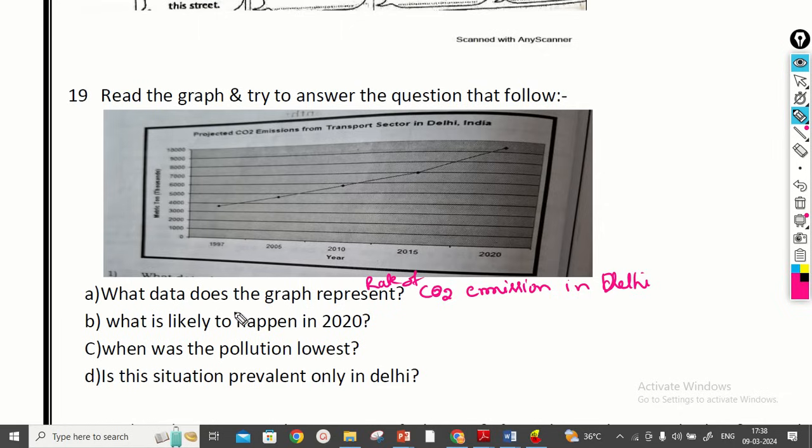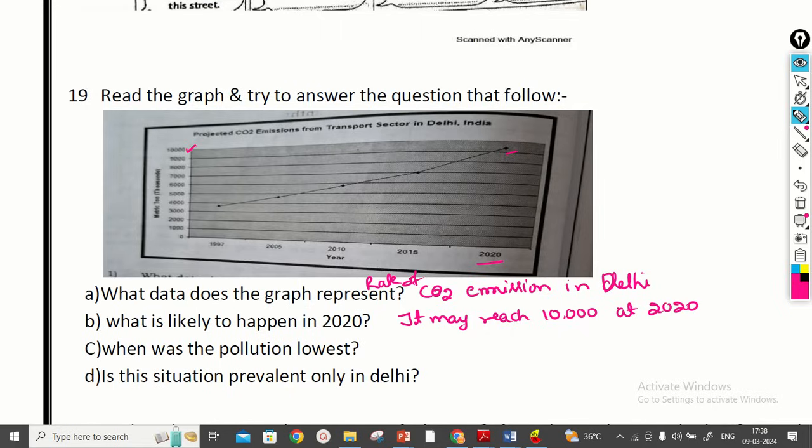What is likely to happen in 2020? You observe here in 2020 the release of the carbon dioxide goes maximum. It may reach nearly 10,000 at 2020.